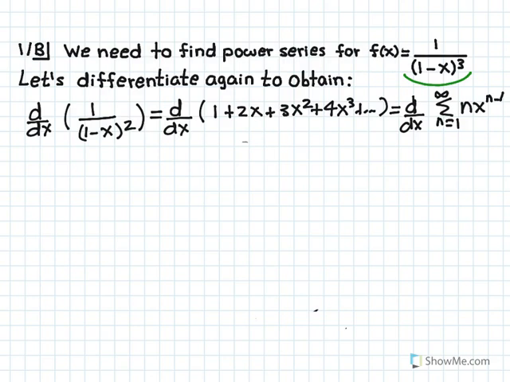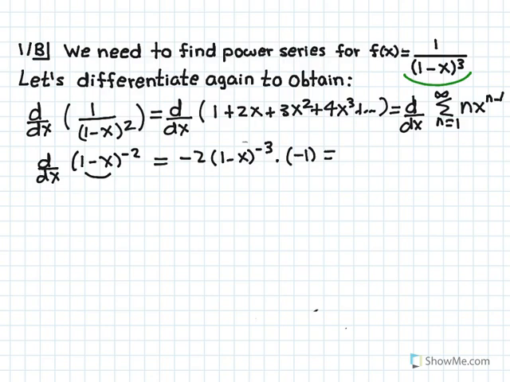All right, when we differentiate the left-hand side, we have (1 minus x) to the power of minus 2. Apply the power rule and the chain rule. So bring the power down, we get minus 2 times (1 minus x) to the power of minus 3. Subtract 1 from the exponent. And now apply the chain rule, differentiate the inside, we get negative 1. Simplify, minus 2 times minus 1 gives us plus 2. We get 2 divided by (1 minus x) to the power of 3.